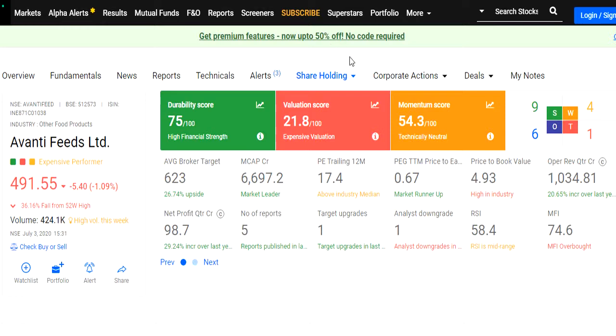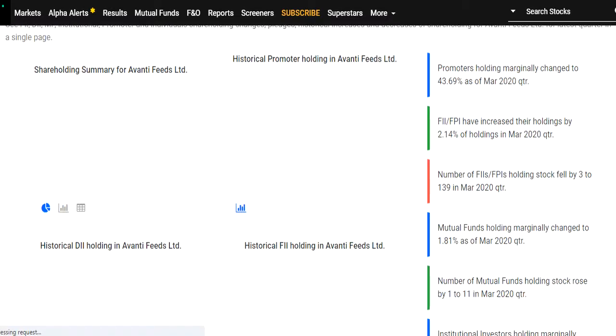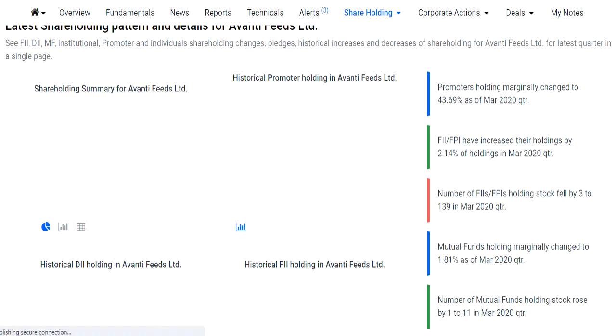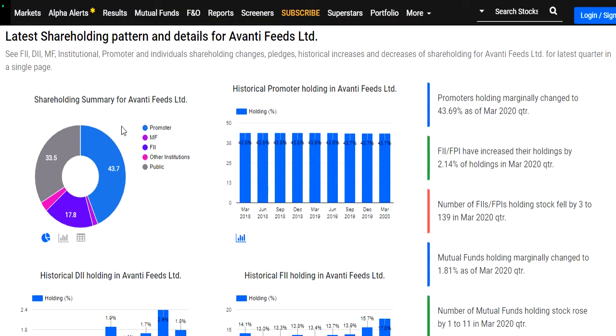Okay, this one also we can consider for fundamental analysis. Guys, one more interesting tab to consider is the shareholding tab. So here you can see shareholding. Here we can see the latest shareholding pattern and details of Avanti Feeds.